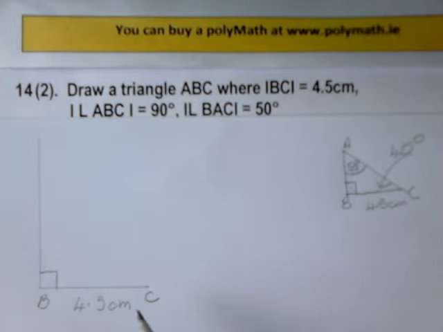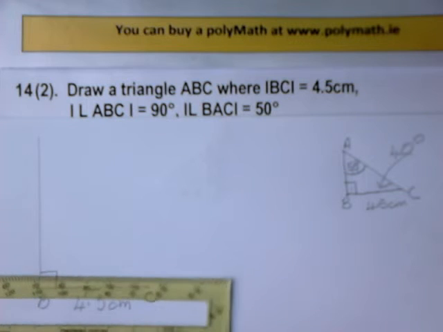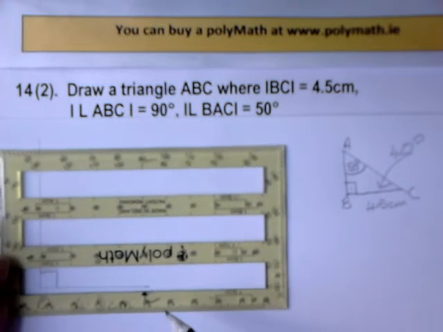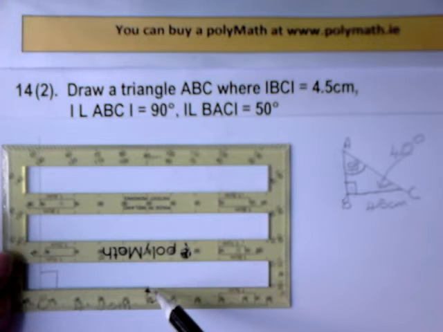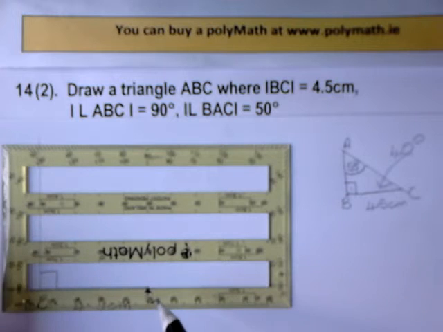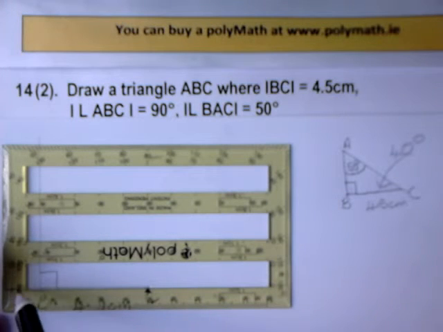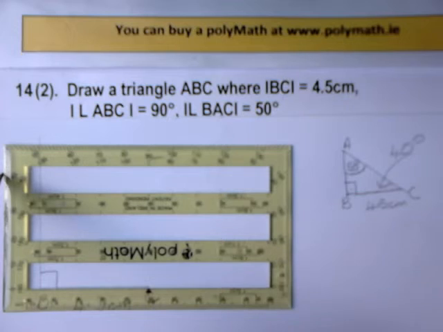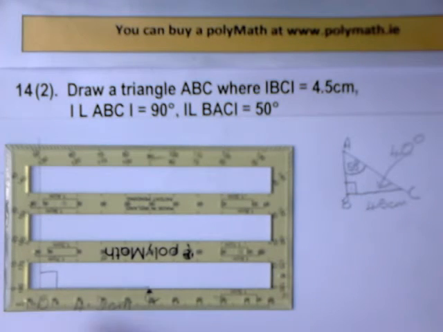So I'll go back over here, and at the point C, I'll make an angle of 40 degrees, and I'll use the protractor part of the polymath, and I put the arrow just there at C and the line along the line for the 0 on the angle, and I'll go now 10, 20, 30, 40, and I'll put a dot up here.